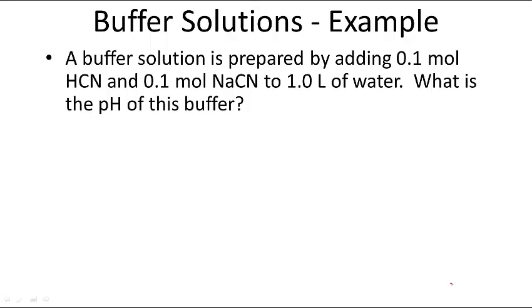But as a hypothetical exercise, we can calculate what the pH would be. There are actual organic reactions that you would run in this kind of mixture of HCN and NaCN. So it's not outside the realm of possibility, but it wouldn't be a biological situation.